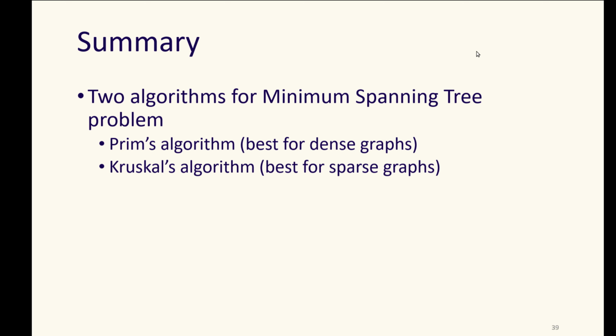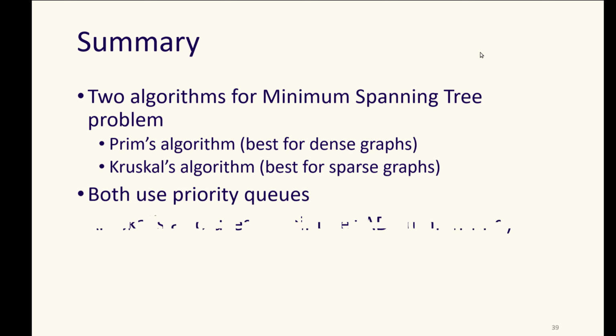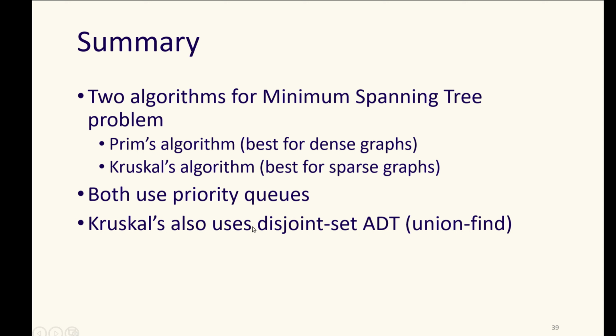So Prim's algorithm was good for dense graphs where they were highly interconnected, and Kruskal's algorithm was good for sparse graphs where they were a little less well connected, fewer edges between them. Both of them use priority queues, and Kruskal's algorithm used the extra data type of a disjoint set to build those trees. And remember that Prim's algorithm required updating the priorities inside of the priority queues, which is not the best efficiency operation for the standard priority queue.